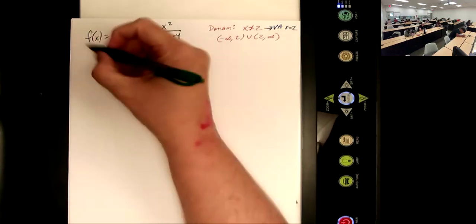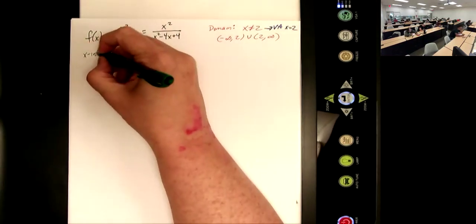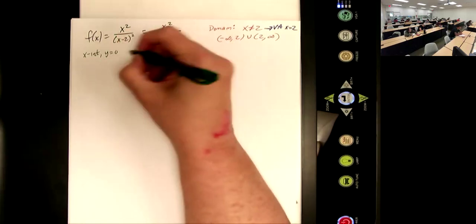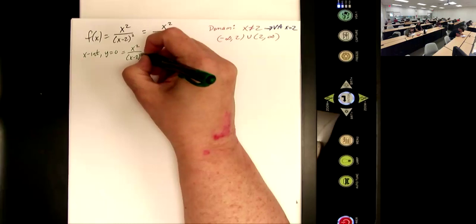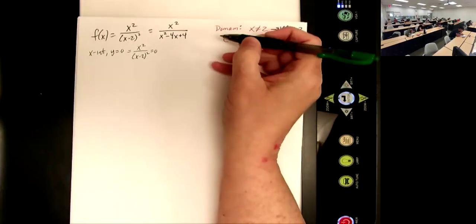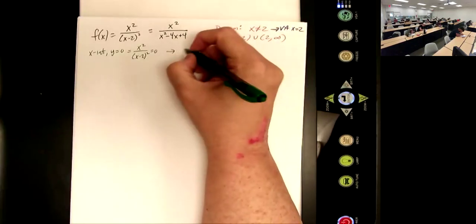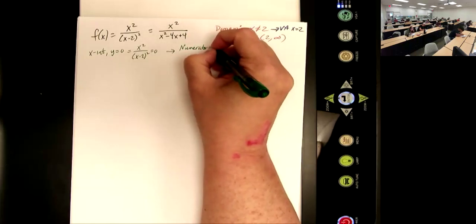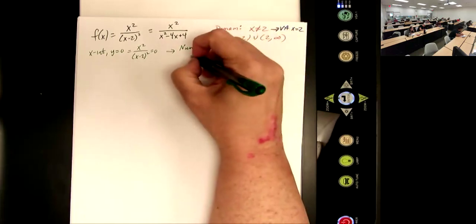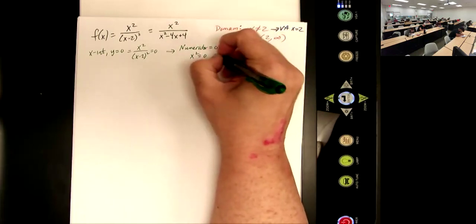X intercepts, or where y equals 0. This can only occur where the numerator equals 0, which is at x squared equals 0 or x equals 0.